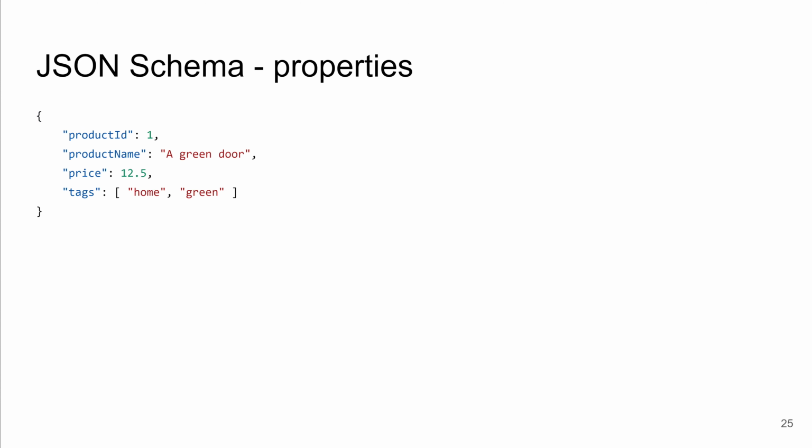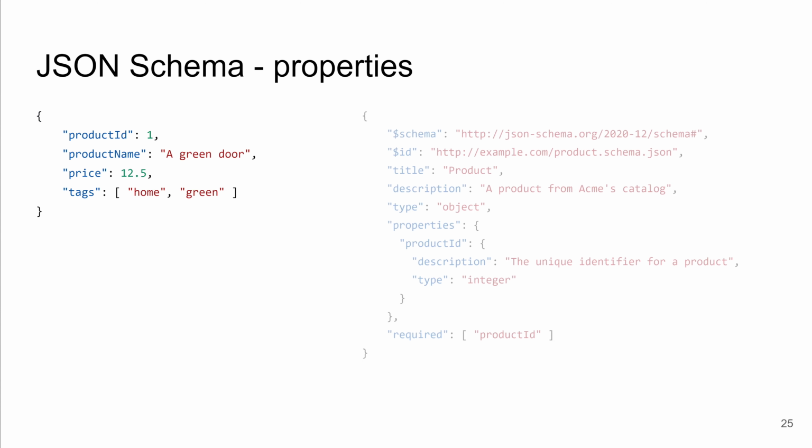Now let's take a look at what we have in the data. We have a product ID, a product name, a price, and tags, which are an array. We already know that the JSON object indeed should be an object, but let's talk a bit about what the object should contain. For this, we have the properties construct of the JSON schema.